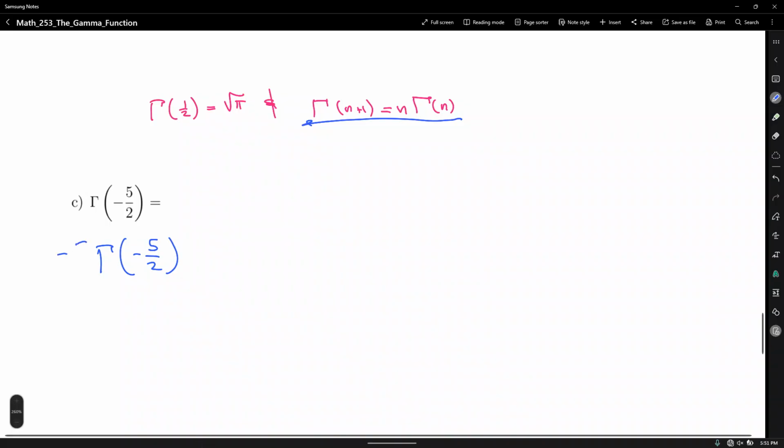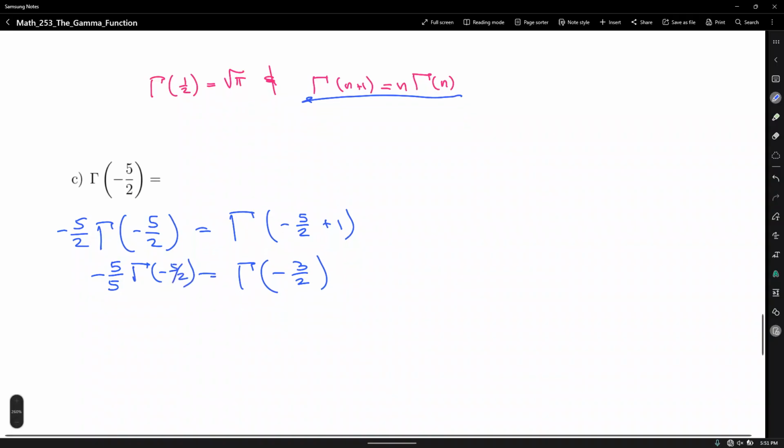I'm going to multiply by the number that's inside of the argument of the gamma function. So I can expand the definition gamma of n plus 1, where n equals negative 5 halves plus 1. And what's negative 5 halves plus 1? Isn't that negative 3 halves? We still have negative 5 halves, gamma of negative 5 halves over here.